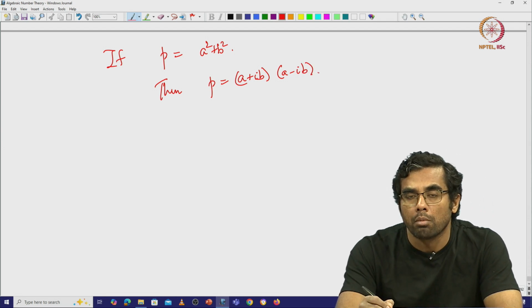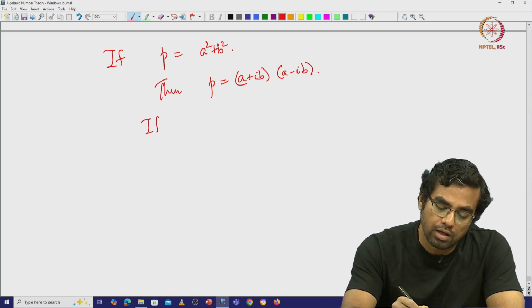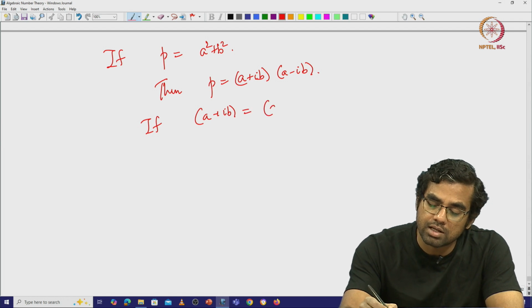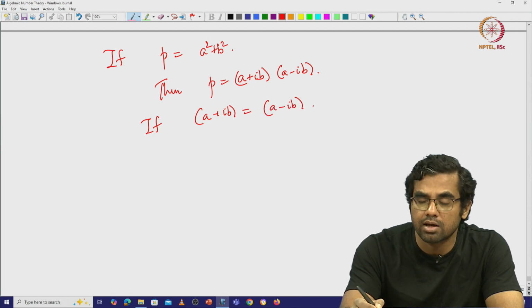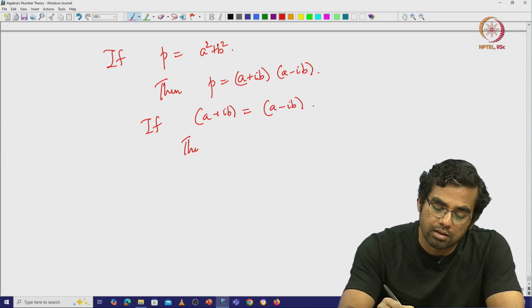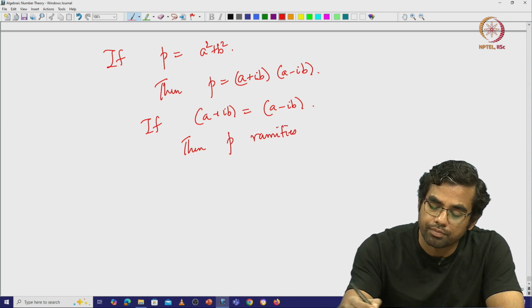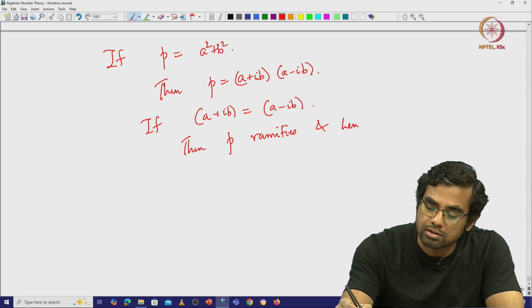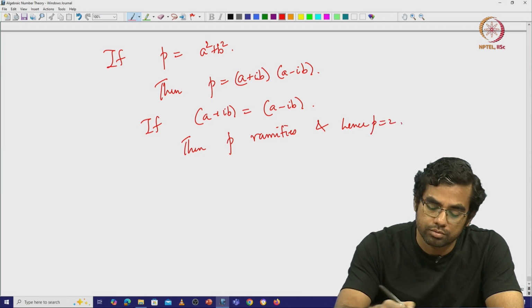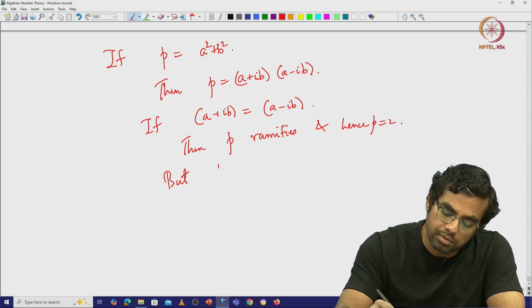Okay. Now there are two possibilities, right? If the ideal generated by a plus ib is the same as the ideal generated by a minus ib, then p ramifies, and hence p is equal to 2, but p is an odd prime.